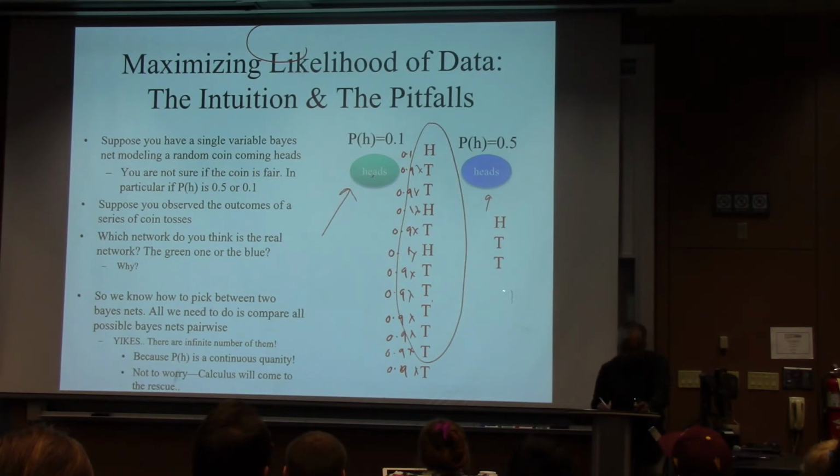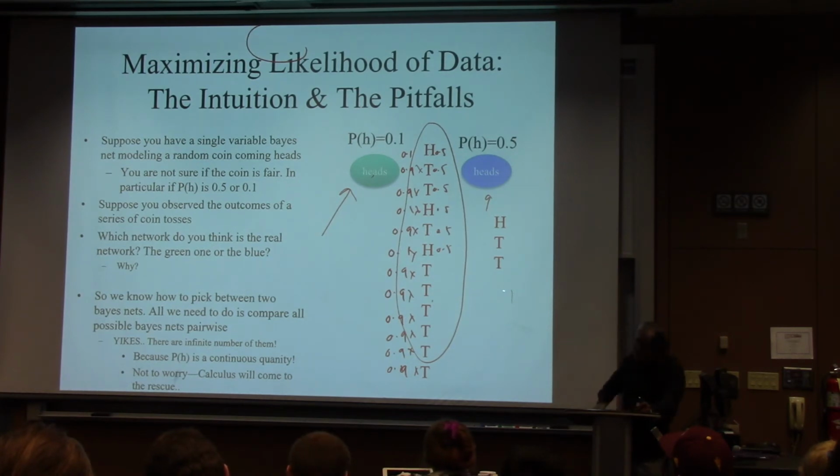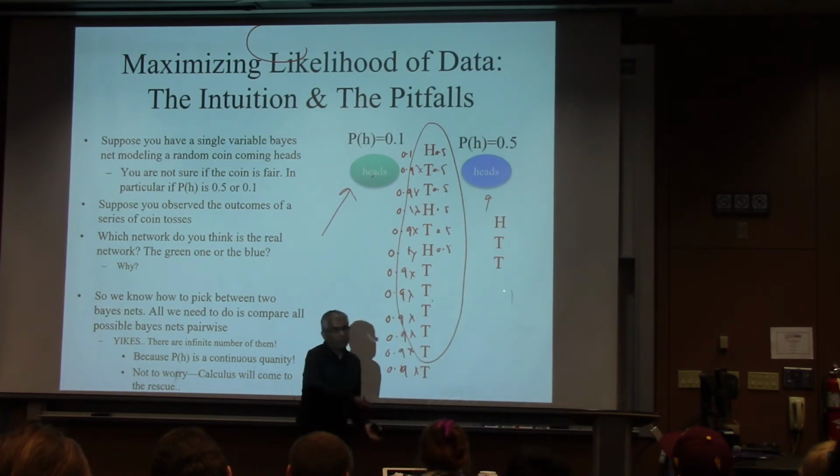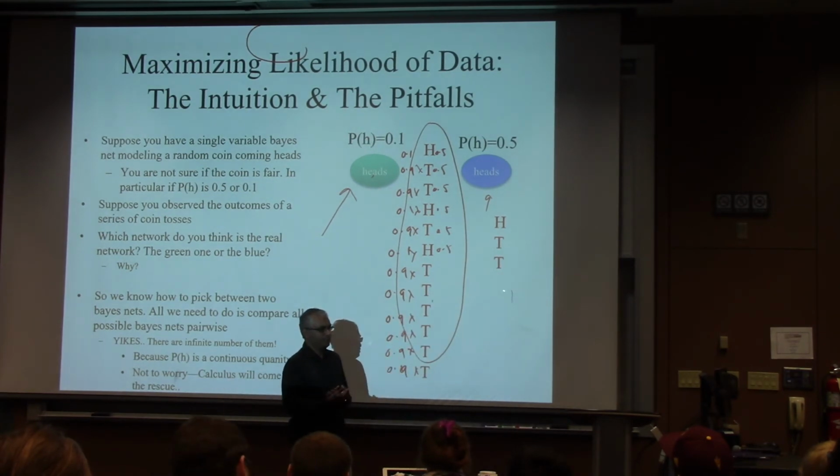If this was the hypothesis, which actually is the true hypothesis, the likelihood would be 0.5, 0.5, 0.5, 0.5, and so on. You see what I'm saying? And to the extent one likelihood is higher than the other, you'll say that is the Bayesian hypothesis.